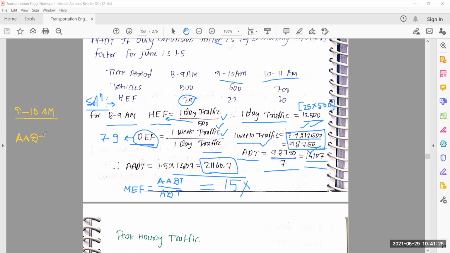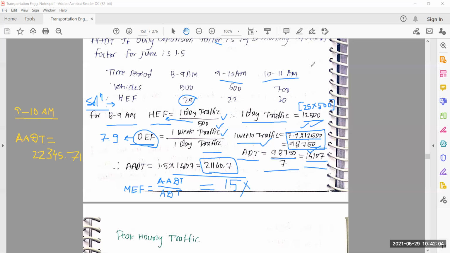By calculating HEF we find 1 day traffic. By calculating DEF we find 1 week traffic, and from 1 week traffic we calculate ADT. Then monthly expansion factor into ADT will give us AADT, annual average daily traffic, which came as 345.71.